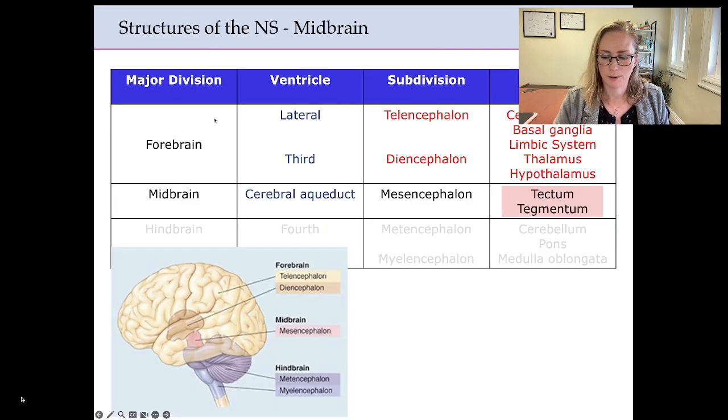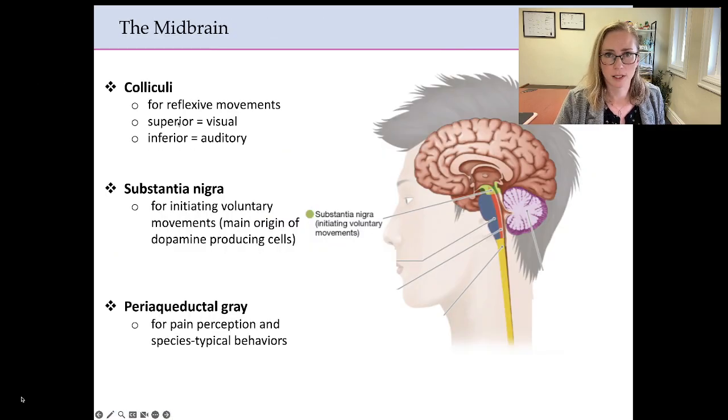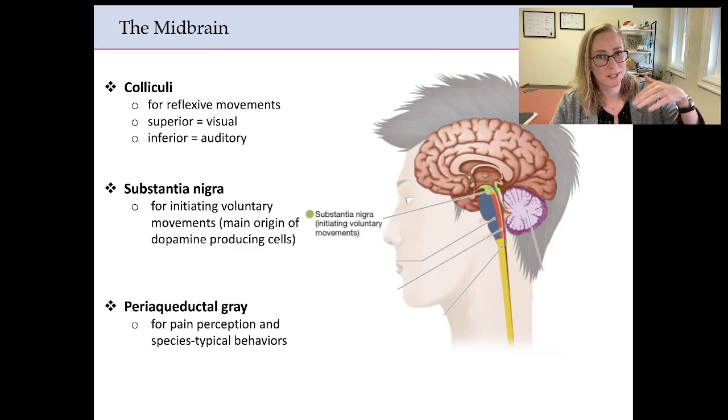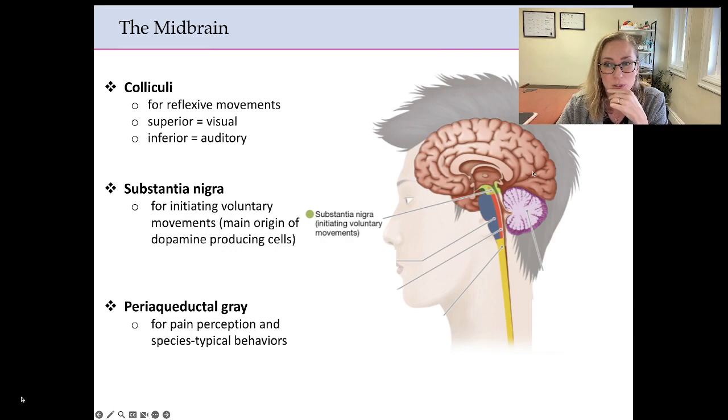So the superior colliculi, it's like the most adorable brain word ever, a colliculi. The superior colliculi is for visual reflexes, and the inferior colliculi, meaning underneath, are for auditory reflexes. So we talked about brain dysfunction, right?